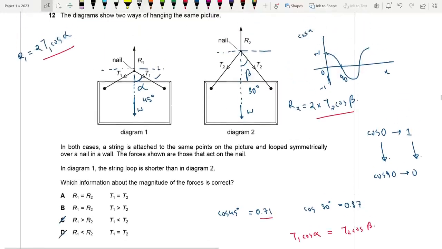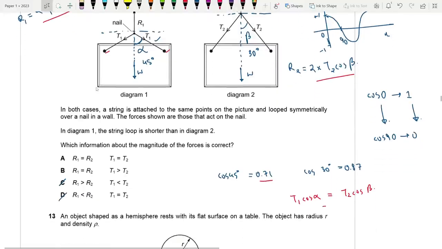Now let's input the values over here. Since the whole picture is in equilibrium, the net force must be 0. About the weight of the picture, it is balanced, but when we consider the nail only, we're going to consider the forces R1, T1 and T1, for example. So T1 times cos 45 is equal to T2 cos 30 degree.